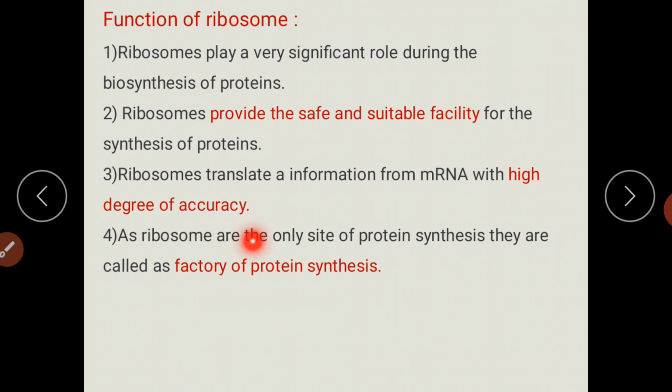As ribosomes are the only site of protein synthesis, they are called the factory of protein synthesis.